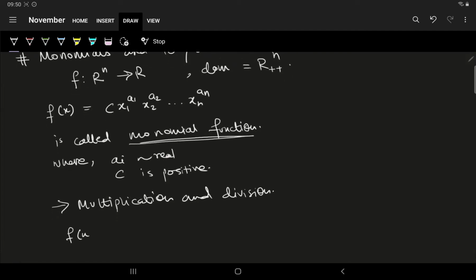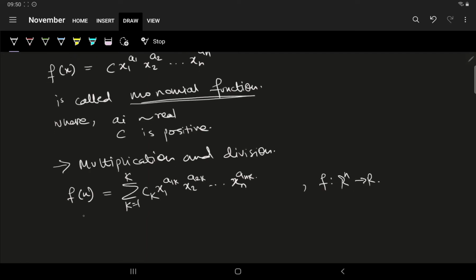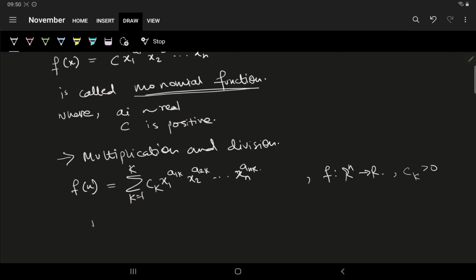And another function f of x, that is the summation from k equals 1 to K of such monomials, and this function is also from R into R, and ck is also greater than 0, is called a polynomial function.